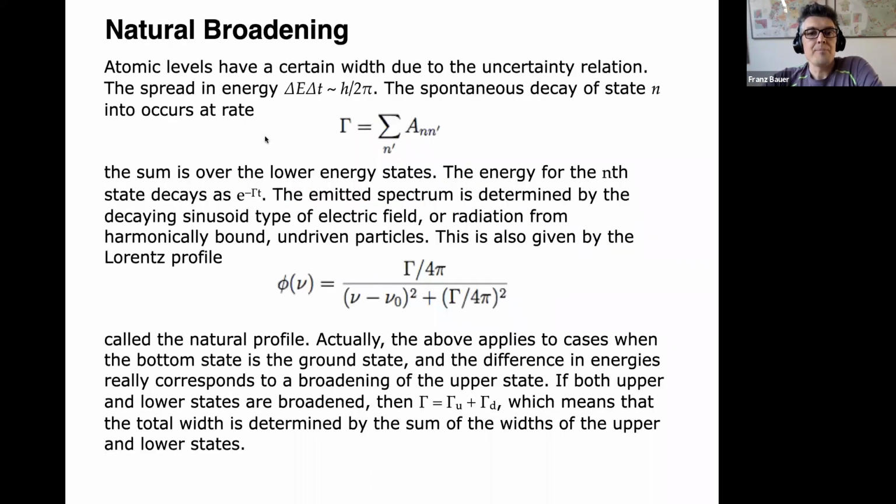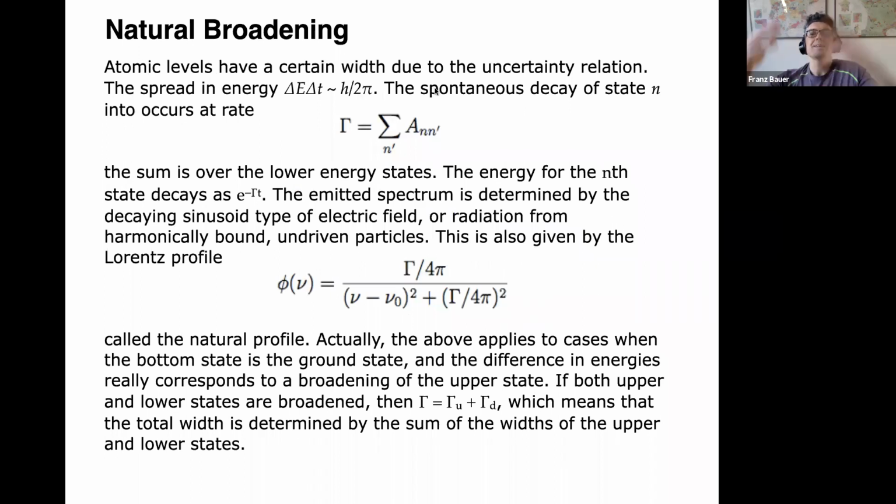Okay. So the natural broadening, as I mentioned, so you have atomic levels here, and the natural broadening comes to some extent from the uncertainty relation. And so you have some delta E and some delta t, and this combination gives rise to the Planck constant divided by 2 pi.